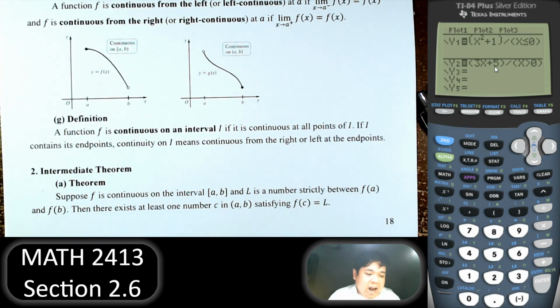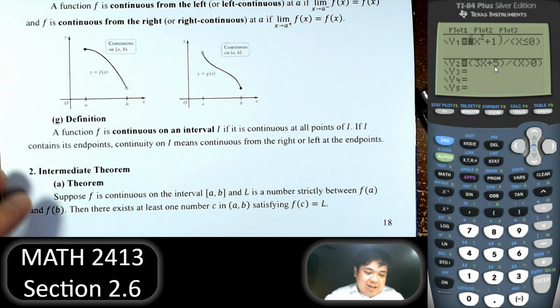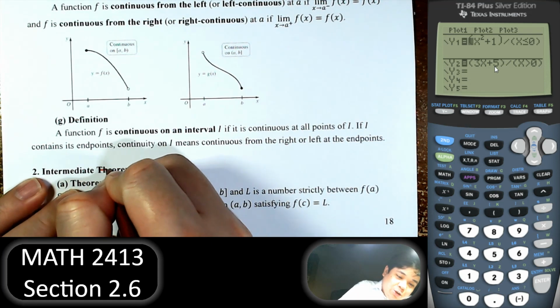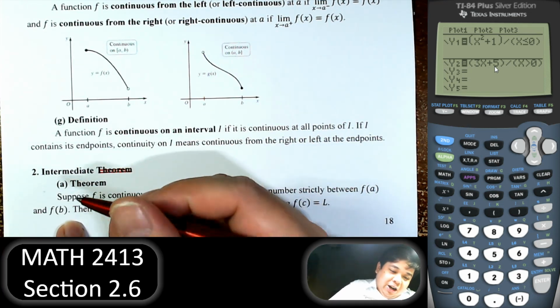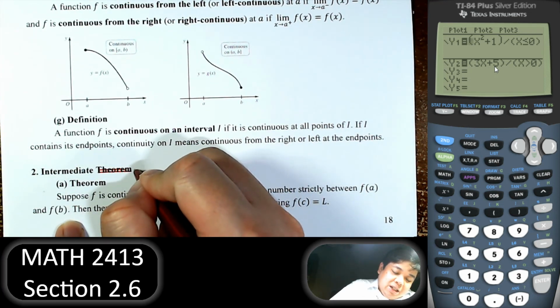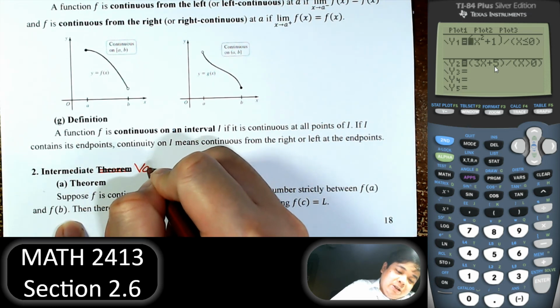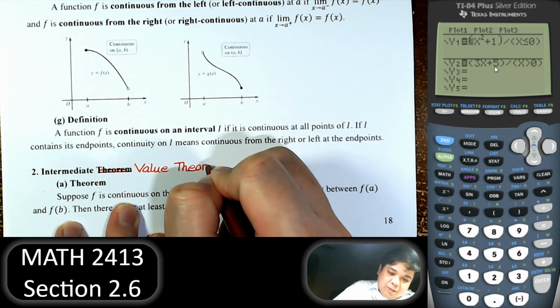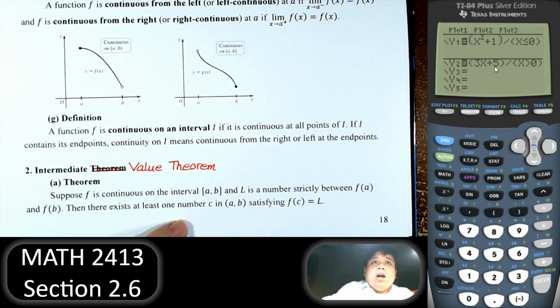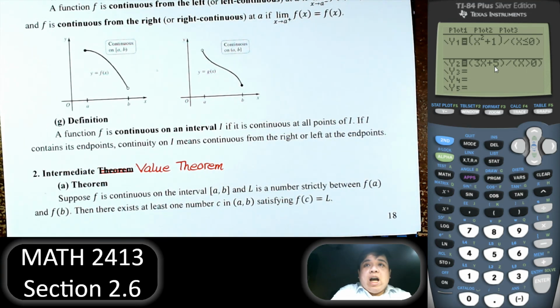Next, we have the intermediate value theorem. Sorry, this is another thing that I need to change on the notes before I upload online. You should have seen this before in college algebra or pre-calculus.